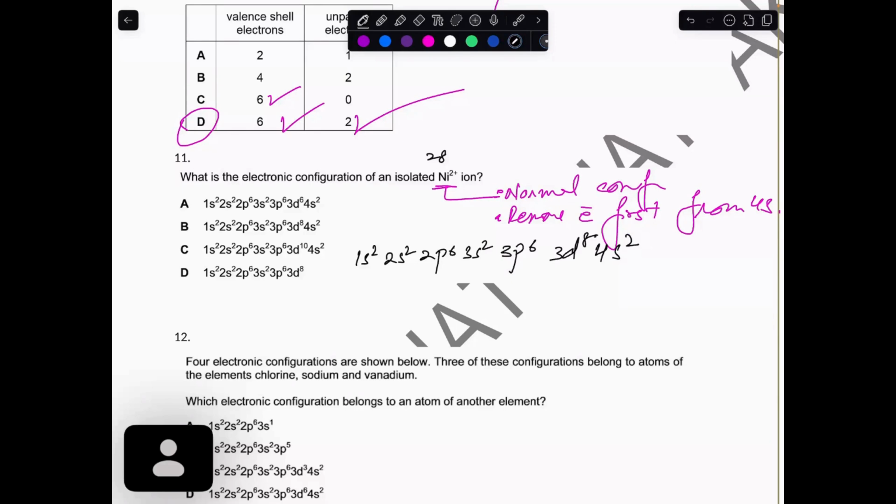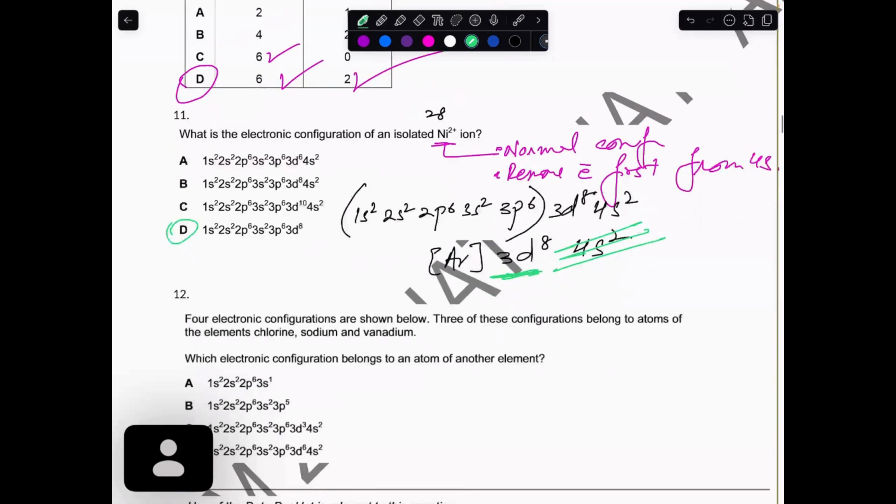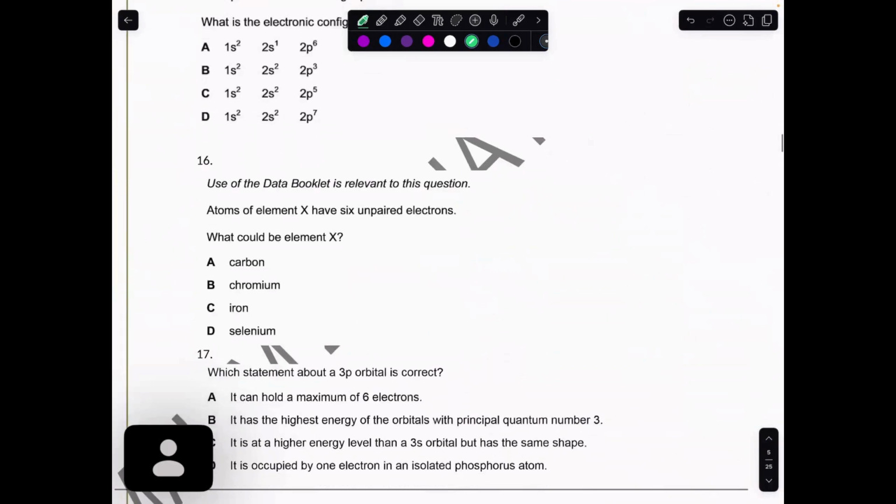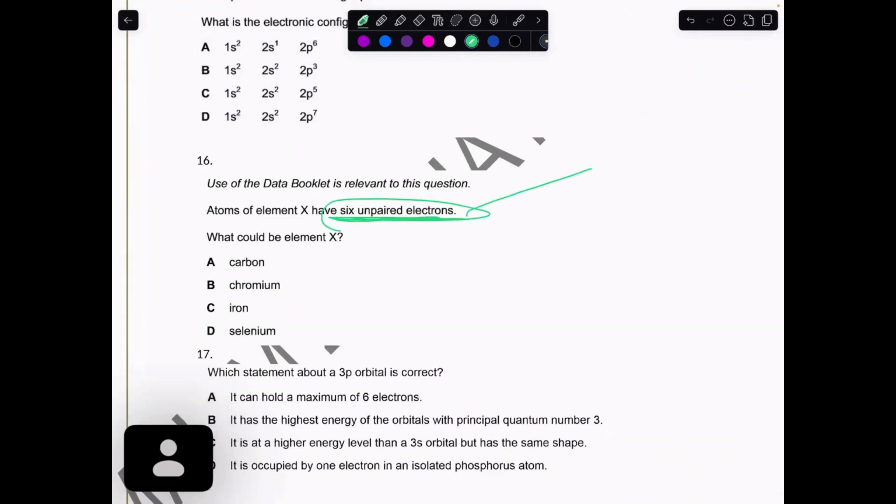In place of this, I can write argon 3d8 4s2. Remove the 4s electrons. What is left? 3d8. So the answer is D. I'm leaving these questions. I'm in search of another question. Like 6 unpaired is clear-cut chromium.